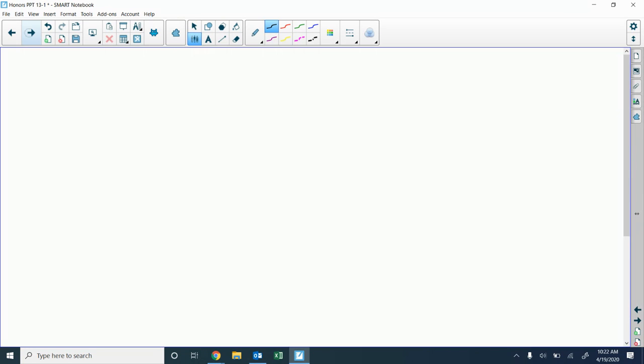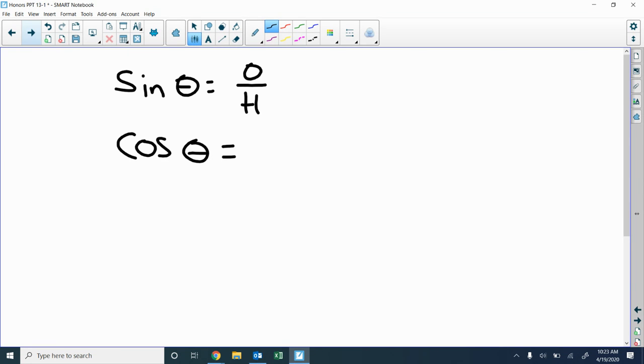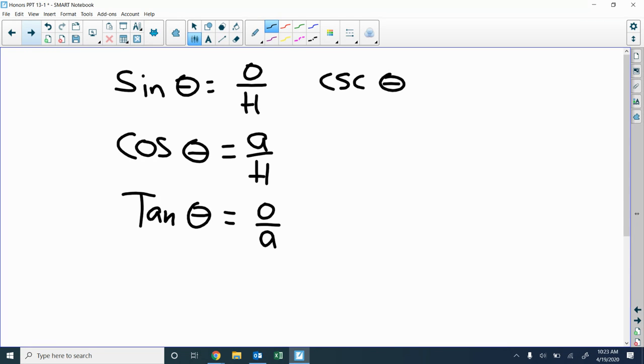So how's that look? The sine of any angle is equal to the opposite over the hypotenuse. The cosine of any angle is equal to the adjacent over the hypotenuse. The tangent is equal to the opposite over the adjacent. So sine, cosine, tangent. Cosecant is equal to hypotenuse over opposite.